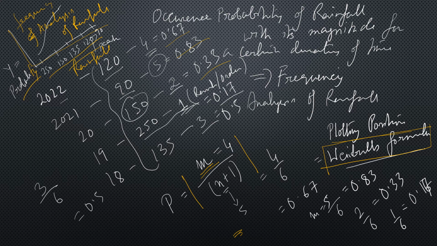So in this presentation we learned about two very important terms. One is probability, another one is plotting position of the rainfall. Now in case of probability, what we have found is the occurrence probability of a certain event having a certain duration to happen again in the next n successive years for a number of times.